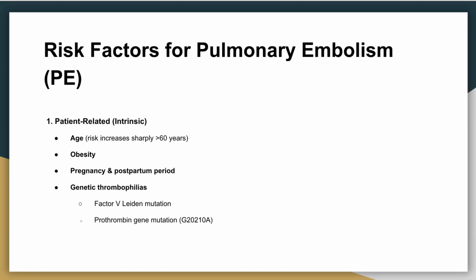Hypercoagulability can also be acquired in the context of malignancy. Patients with cancer have a much higher risk of developing blood clots. Patients who are pregnant, through higher levels of estrogen, and patients who are on oral contraceptives, through the same kind of pathway. Patients with antiphospholipid antibody syndrome can also present with hypercoagulability.